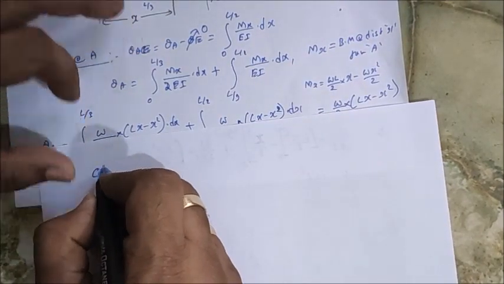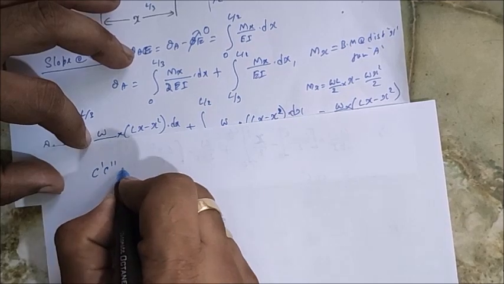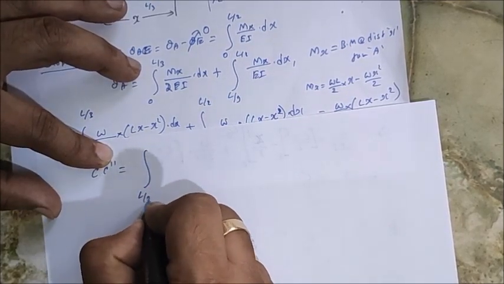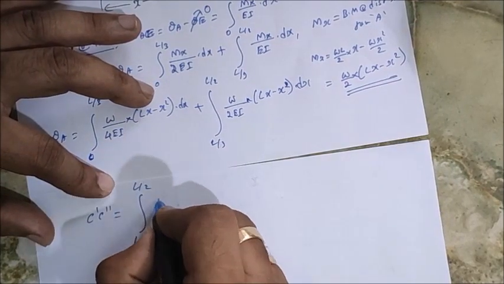Integration. C dash C double dash is equal to the integration with range L by 3 to L by 2.